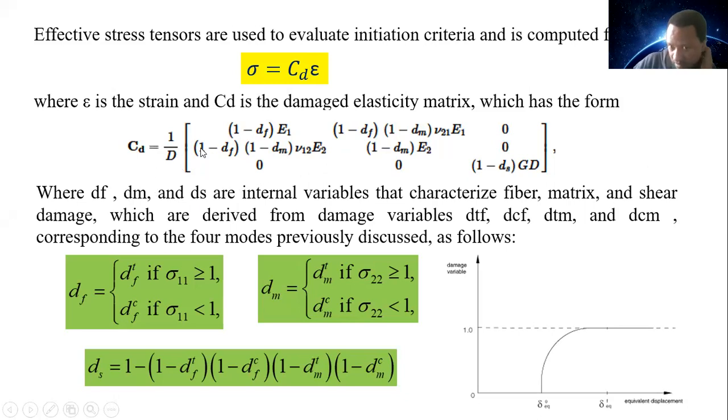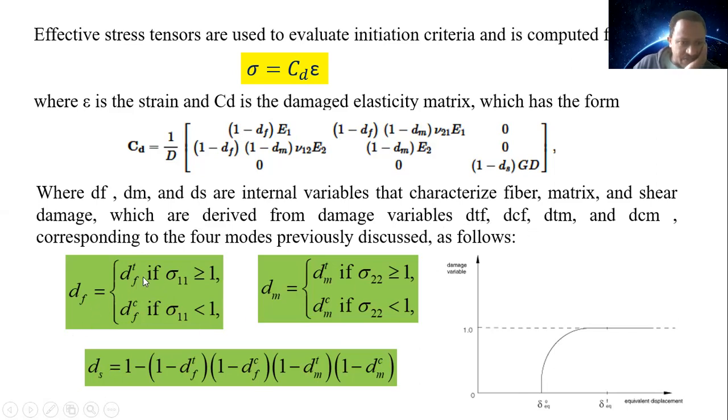Yeah, that D is the delta, which is represented with a different parameter. DF, DM, and DS are the internal variables or damage that characterize fiber, matrix, and shear damage, which are derived from damage variables DTF, DCF.